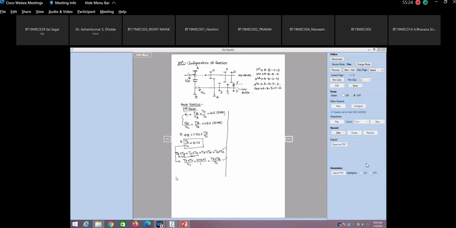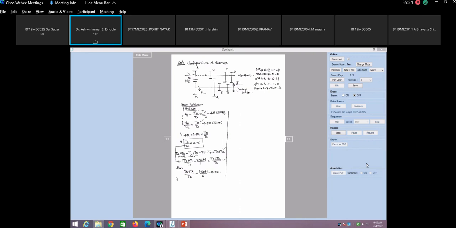Okay. Also, now from this equation, TB plus TA divided by TA is equal to 1.52 plus 1 divided by 1. This comes out to be 2.52.